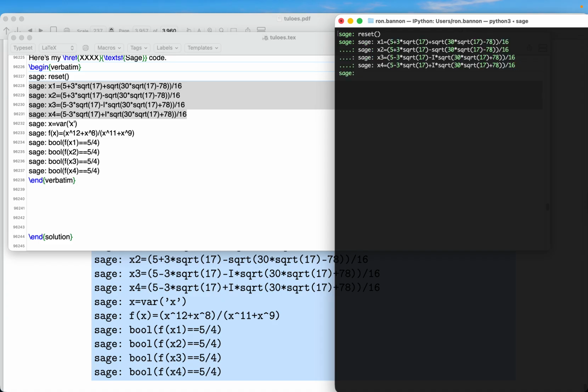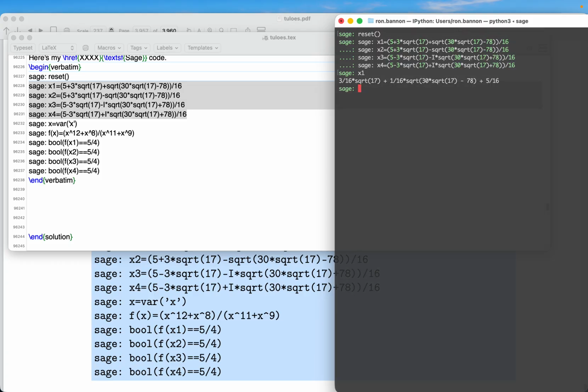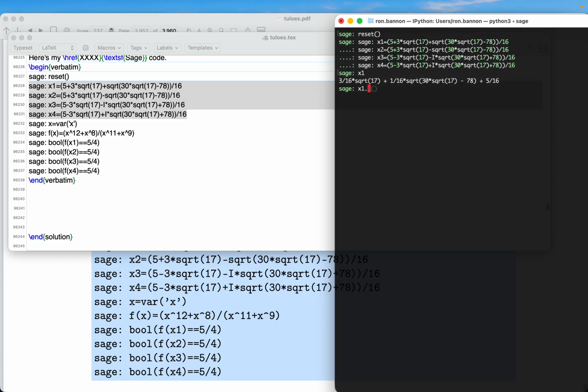Now, if someone says, I wonder what x1 is, I could type x1, hit return. It's that there. If I wanted an approximation of that, I would use the dot n notation. I'm going to do x1, then dot n, and I get that there. Let me do x2, approximation. Oh, you know what? I made a mistake there in the copy.